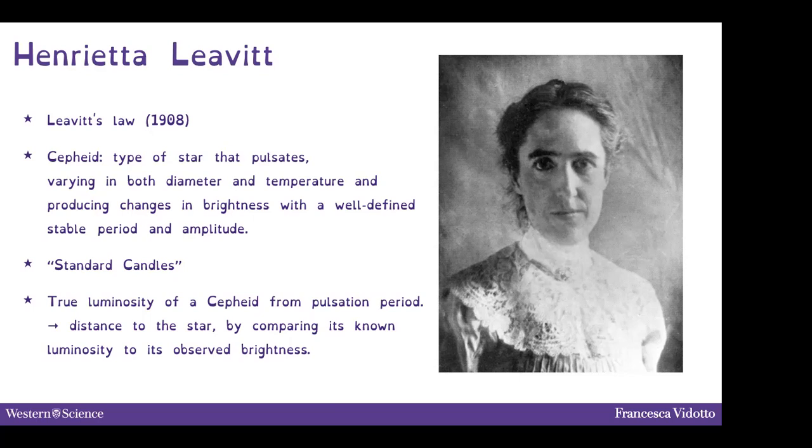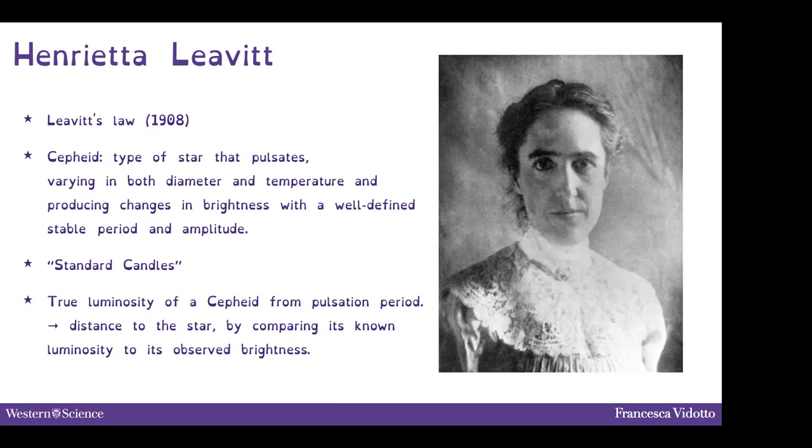So what Leavitt noticed was that there was a specific class of variable stars called Cepheids, and Cepheids is just associated to the constellation in which they were first discovered. So those were variable stars.